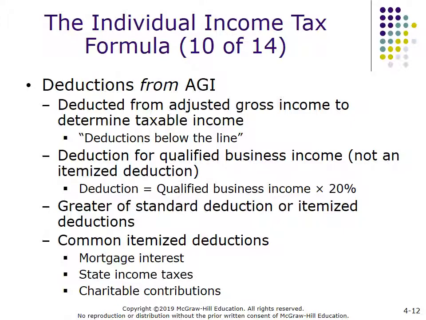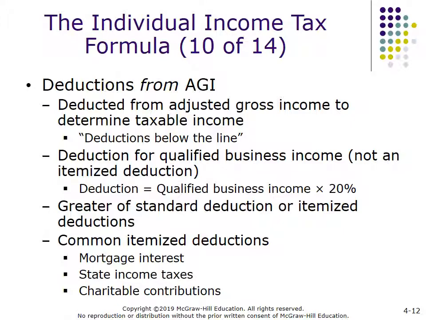If you add up those 4 items and they are more than a standard deduction, which we're going to define, you subtract your itemized deduction amount. If they are less, you subtract your standard deduction amount. And that's usually on line 40 as of right now.